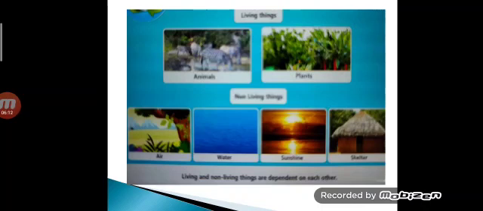Similarly, non-living things also depend on living things. For example, the soil gets polluted due to activities done by human beings. Therefore, we can also say that non-living things also depend on living things. Both living and non-living things depend on each other.